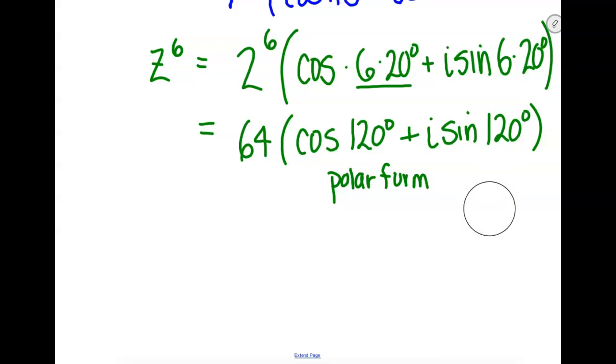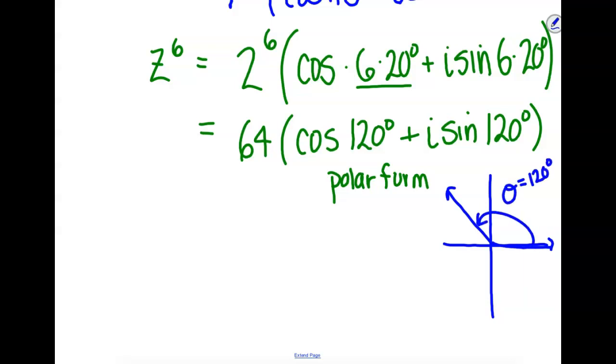So think about here's our coordinate plane. Here's about 120 degrees, and then we have this radius sitting out here.